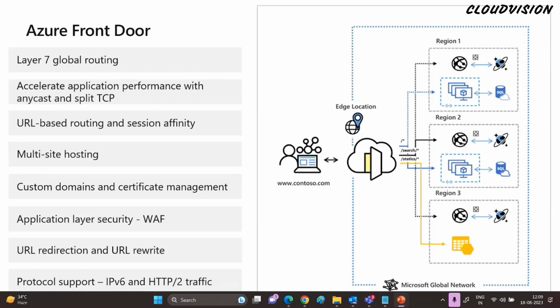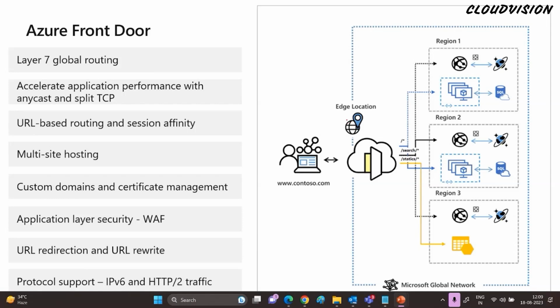So it actually offers you accelerated application performance with any cast or split TCP. It actually distributes your traffic to the appropriate backend pool quickly because it works based on the split TCP concept. And here we use the concept of POP locations, point of presence locations.